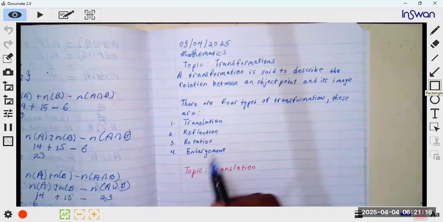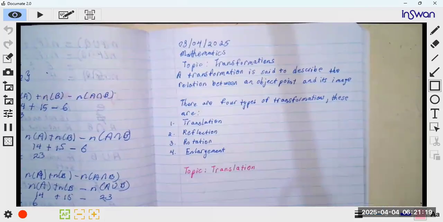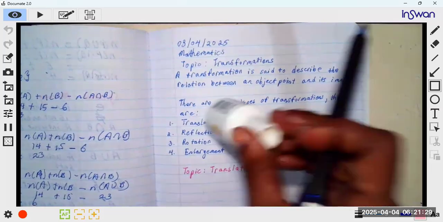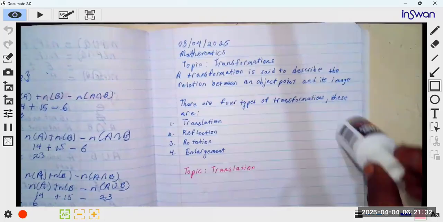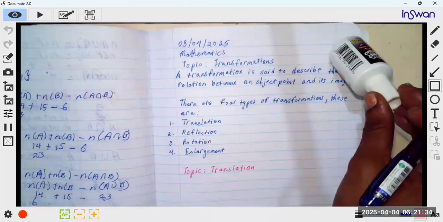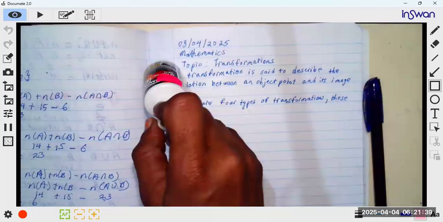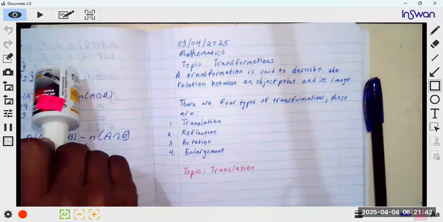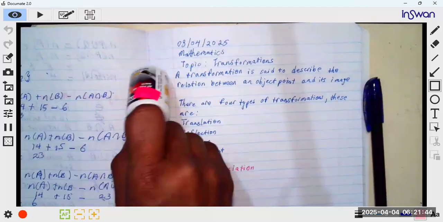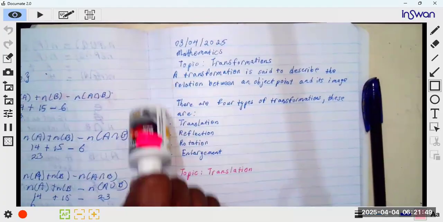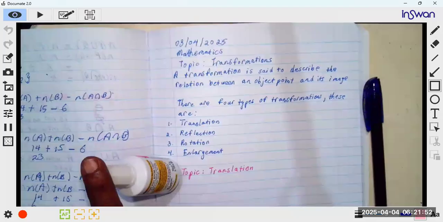And when I was moving the nail polish and the liquid paper, that's a form of translation, because translation is a movement from one spot to the other. Notice the object remains the same. If I move it from here to here, just the position changes.